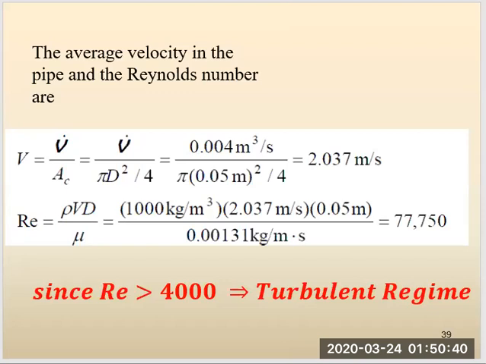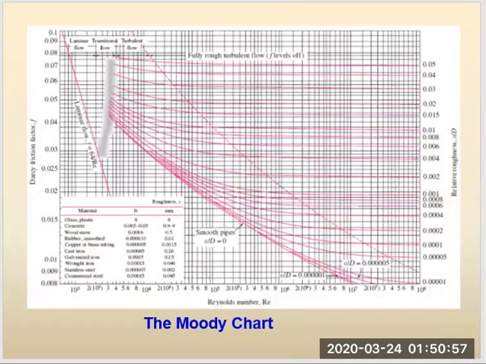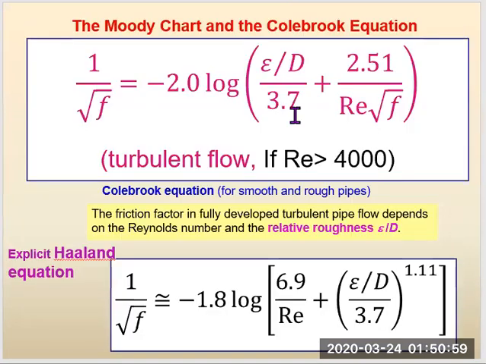So now we need to calculate the friction factor. The friction factor can be calculated from the Moody chart or the Colebrook equation or the Haaland equation. So we may use these, but as I said, in this chapter, we just want to use the equations.